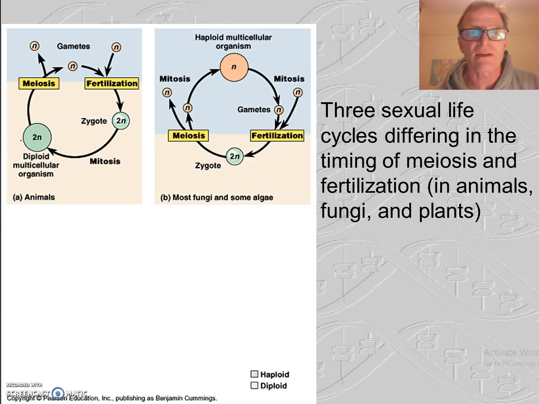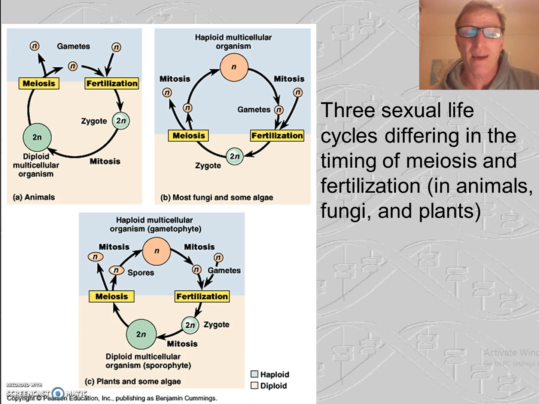It's a little different in fungus and some algae, where they spend most of their lives in the haploid state. They're going to undergo fertilization and then quickly undergo meiosis to produce more haploid organisms. So fungus, mushrooms, and so forth spend predominantly their life cycle in that haploid state.